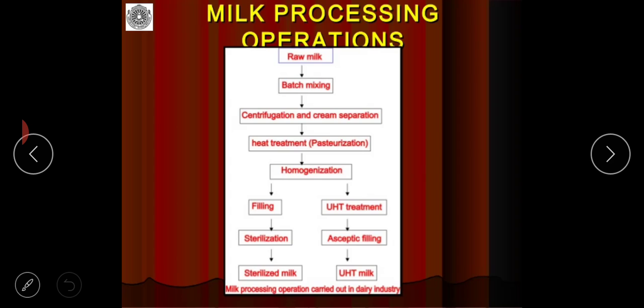Such homogenized milk is processed in two different ways. One is through filling and sterilization, and sterilized milk is obtained. The other way is UHT treatment of the homogenized milk and aseptic filling, and that gives you the UHT milk. UHT refers to ultra high temperature.